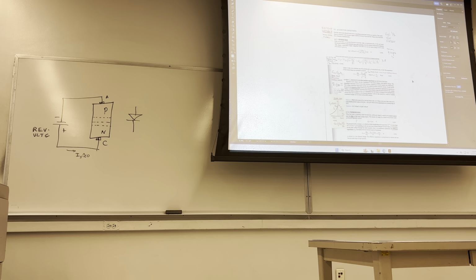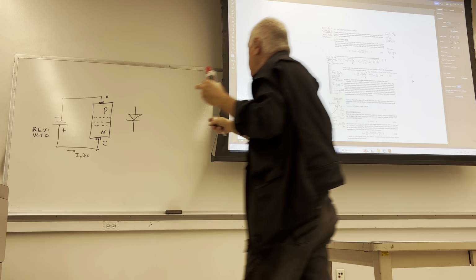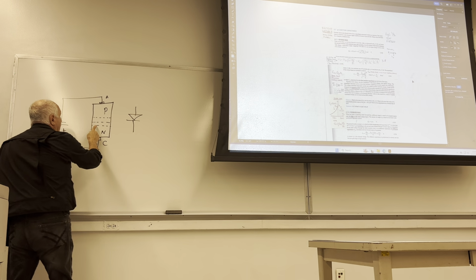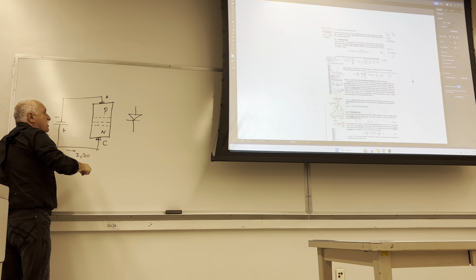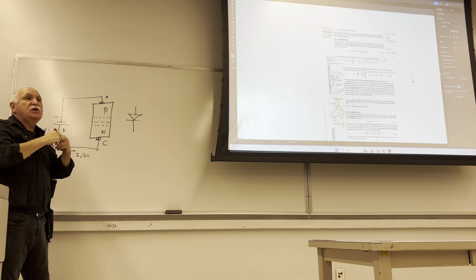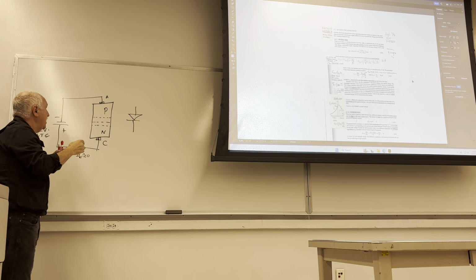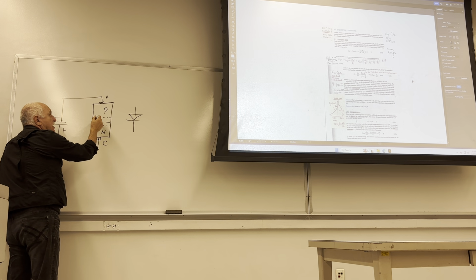What happens when you make a p-n junction? An electron from the so-called donors will be dislodged from the n-type and will go and fill the p-type. And it will create, as a result, a charge in the regions.